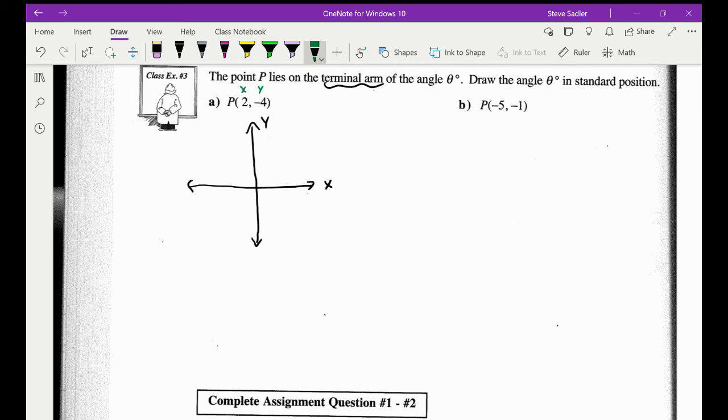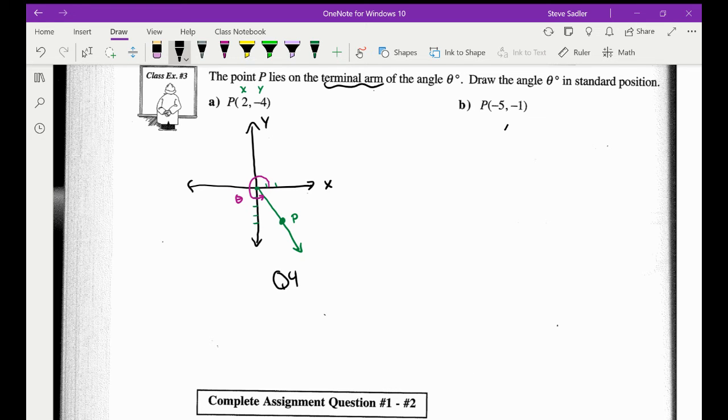It doesn't have to be exact. It's positive 2, and -4 on my Y: -1, 2, 3, 4. That point is somewhere right there. So if I were to draw that from the origin, they're saying that that point P lands on the terminal arm. So I've drawn the terminal arm. Draw the angle in standard position. So it's going to start on the positive X and go around to be in standard position. And this is in quadrant 4, if you wanted to do that.